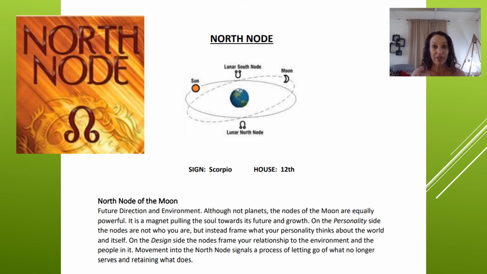And specifically pay attention to these, because the sign is the constellation or the vibration, kind of the energy that you're expressing your North Node through, whereas the house is going to be the place or the realm in which you're playing that theme out in your life.